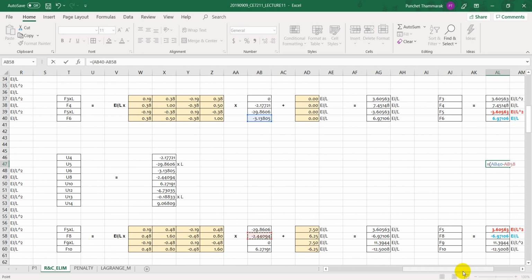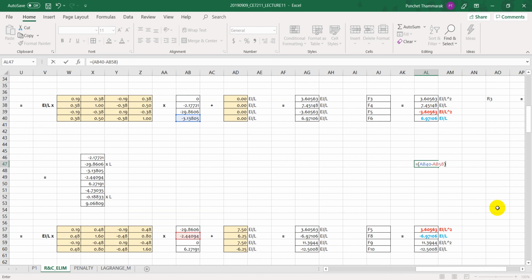So the relative rotation between these 2 points gives rise to the moment from the rotational spring. You have rotation on 2 sides of the hinge. If they rotate together at the same magnitude, you don't get any moment in the rotational spring. But once they rotate at a different magnitude, that causes you some moment.